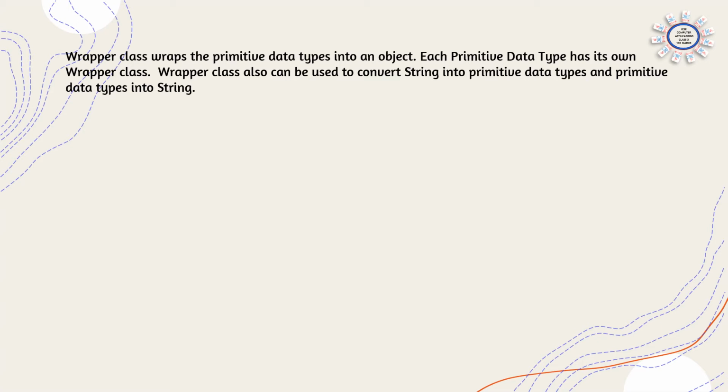Mainly when we are dealing with methods, it is essential in many programs to pass the value as objects, not as primitive data types, and the wrapper class helps convert the values into objects. And in the java.util package, each class deals with objects, not with primitive data types. So we need the wrapper class in many places in the program. That is why we are using the wrapper class.